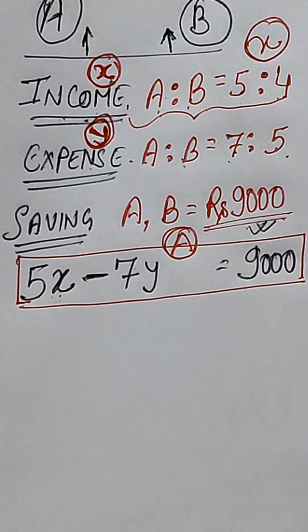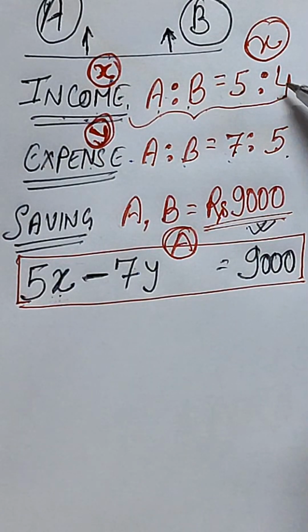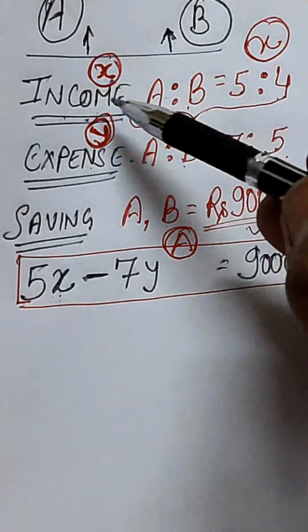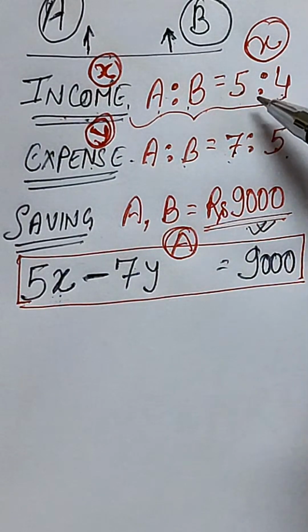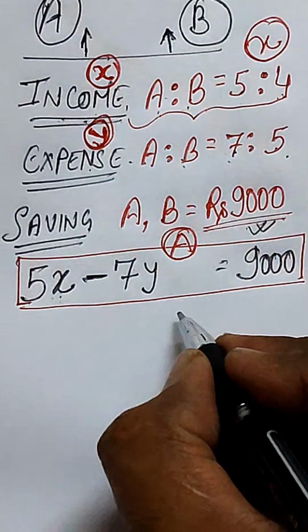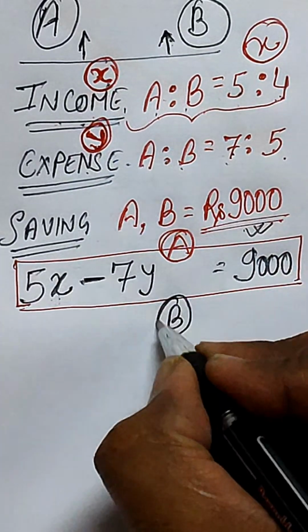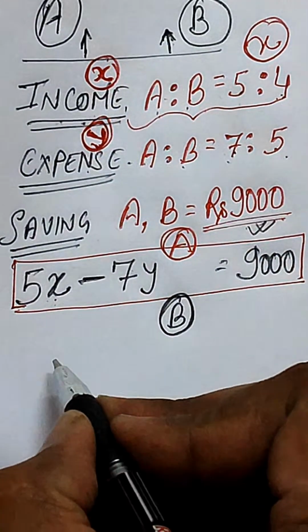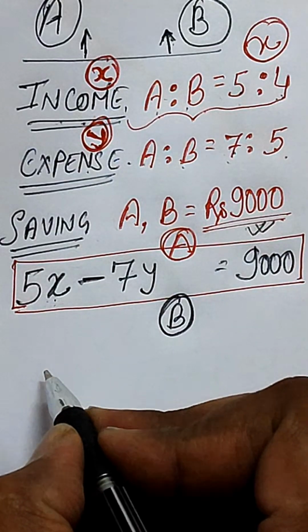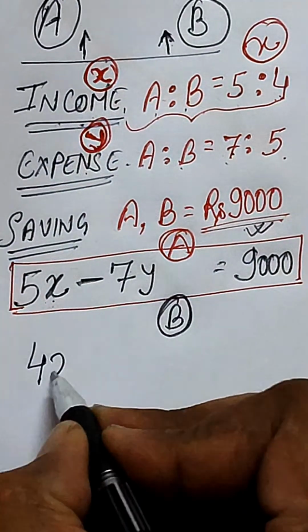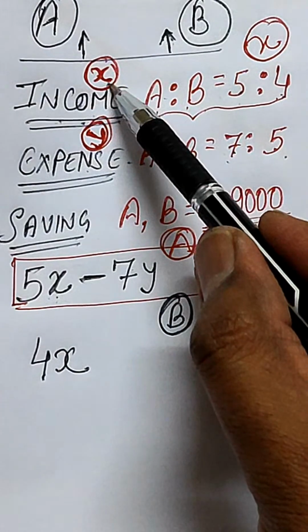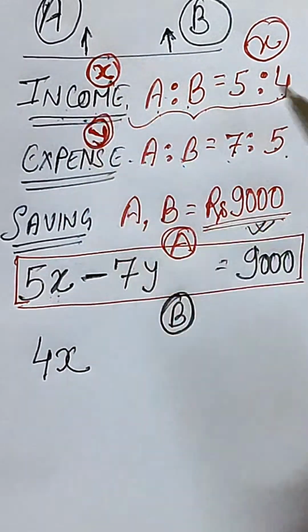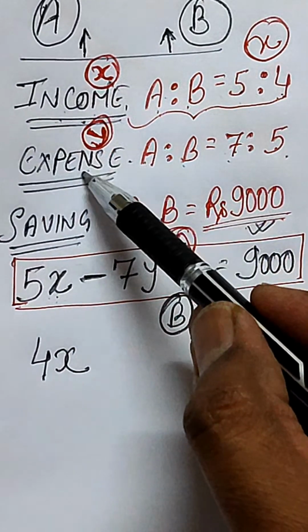Now just come to B. Let us see how much he is earning. B is earning a little less, because the ratio of income of A and B is 5 is to 4. So when we consider B, the earning of B will be 4 times x, because x is the variable considered for income and y is the variable considered for expenses.